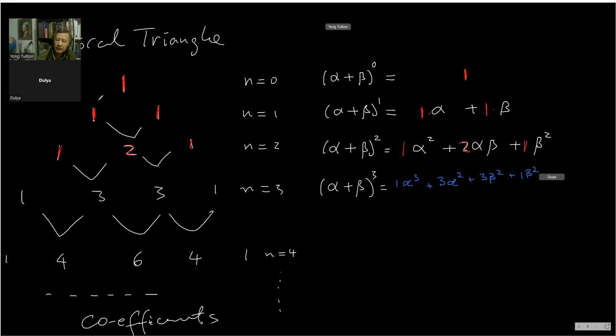Where's beta? Remember, the powers of these two will always sum to 3. Can you put the alpha here? So the 3 numbers will be identical. You just read that number.